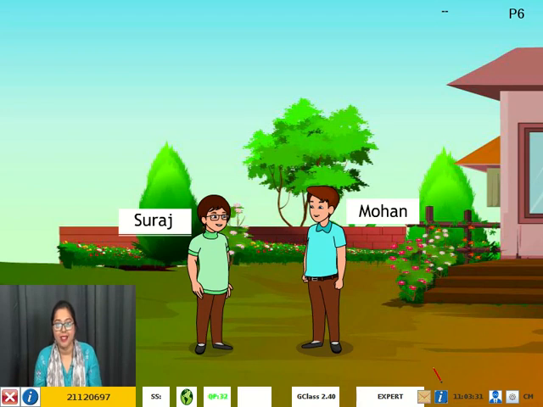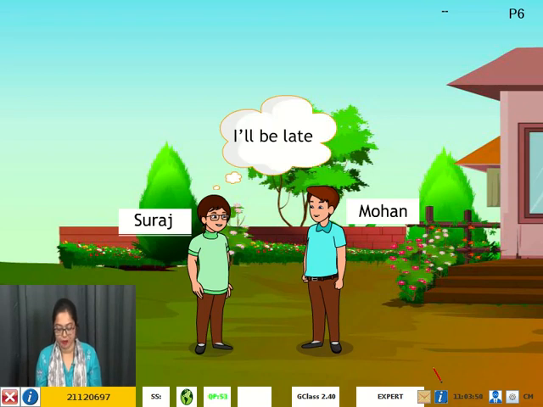Now again on the screen, Suraj and Mohan came. They are going to have a conversation. Your point is to look at the sentences very carefully so that you can understand the differences between direct speech and indirect speech.